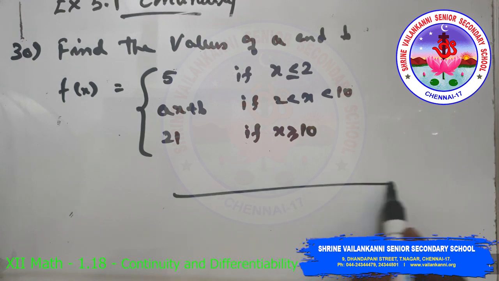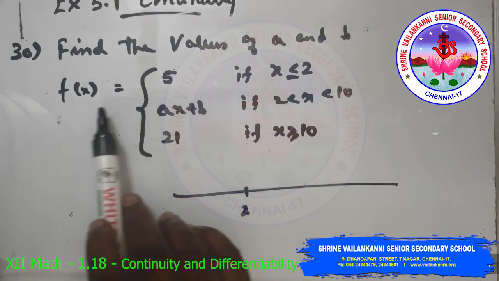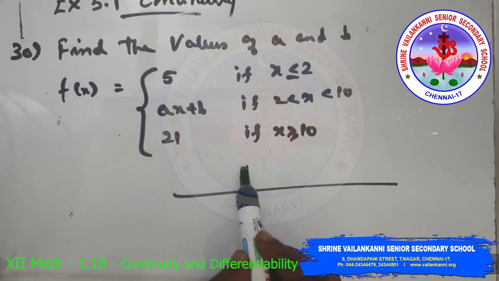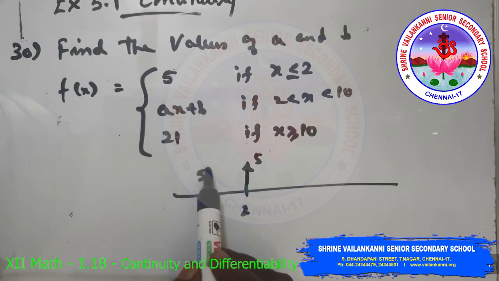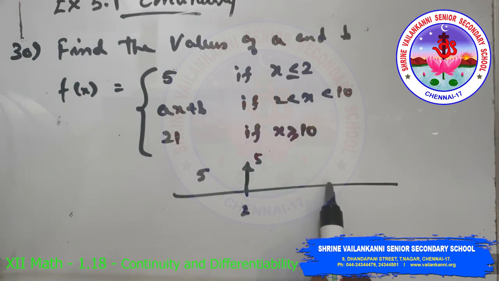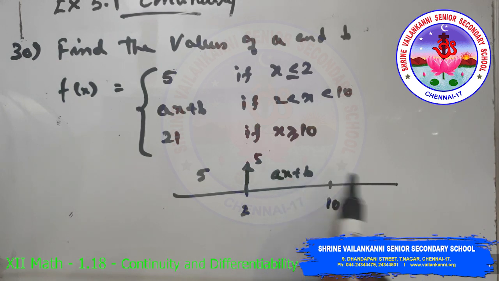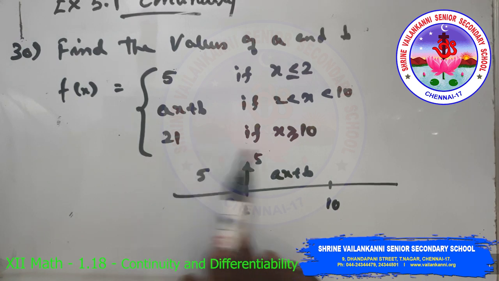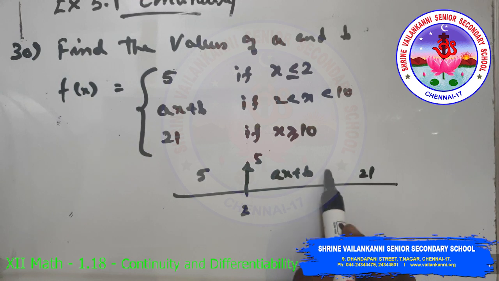So using the number line, at x equal to 2 the function is defined to be 5, and less than 2 the function is defined to be 5, and between 2 and 10 the function is defined to be ax plus b, and greater than 10 we have 21, and equal to 10 the function is defined to be 21.